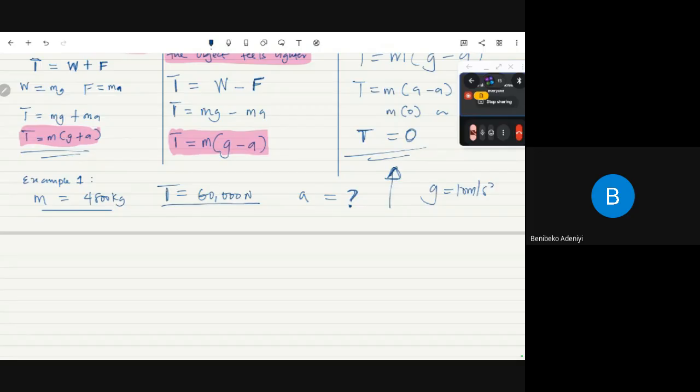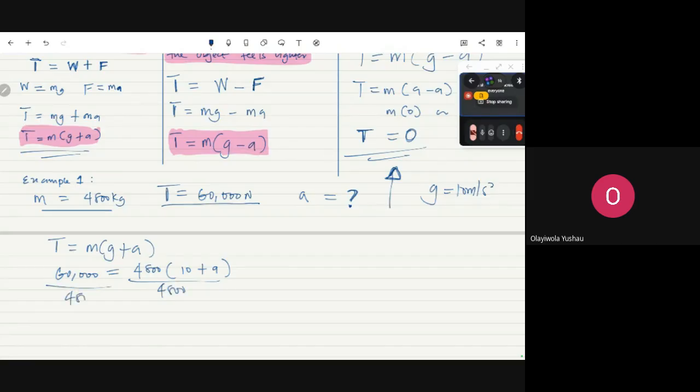Very simple. It is going up, so we are going to use the upward formula. So we say T is equal to M into bracket G plus A. T is 60,000. M is 4,800. We are looking for A. So 60,000 is equal to 4,800 into bracket 10 plus A. Divided by 4,800.